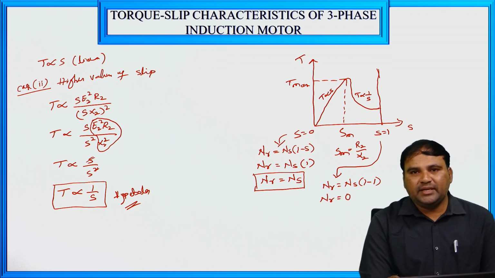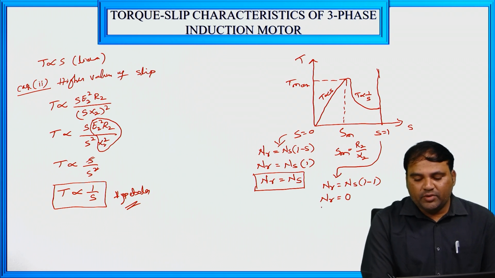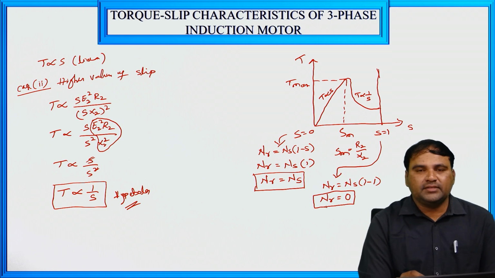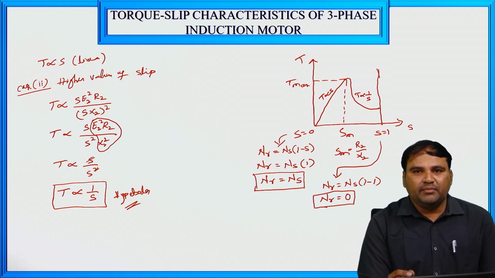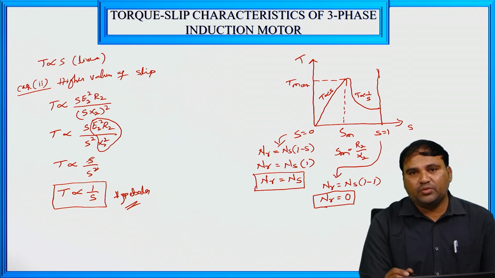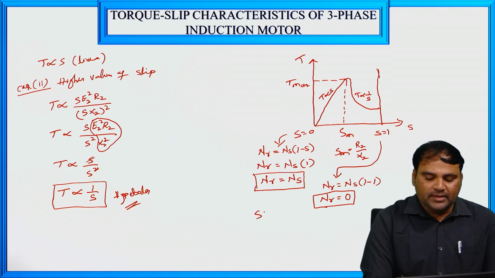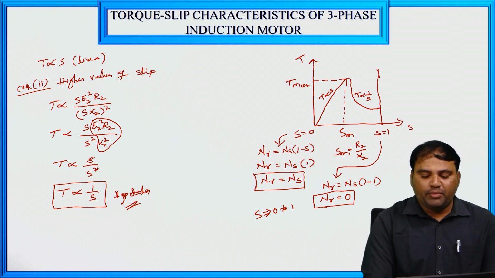If S is equal to 1, Nr = Ns (1 − 1), which means 0. So we get a rotor speed of 0. That is why slip values are always below 1 only, that is, between 0 and 1, or 0 to 0.9.